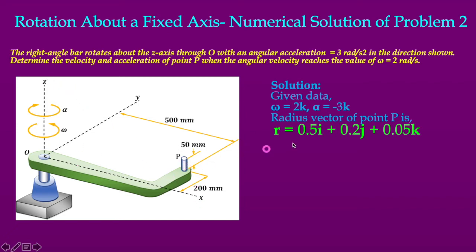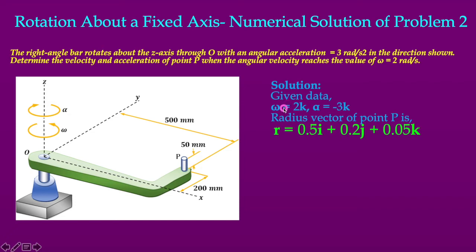The x component is 500 millimeter, which in the SI system is 0.5. In the y direction it is 200, meaning 0.2, and in the z direction this point is vertically 50 millimeter, or 0.05 k. So the position vector is r equals 0.5i plus 0.2j plus 0.05k.